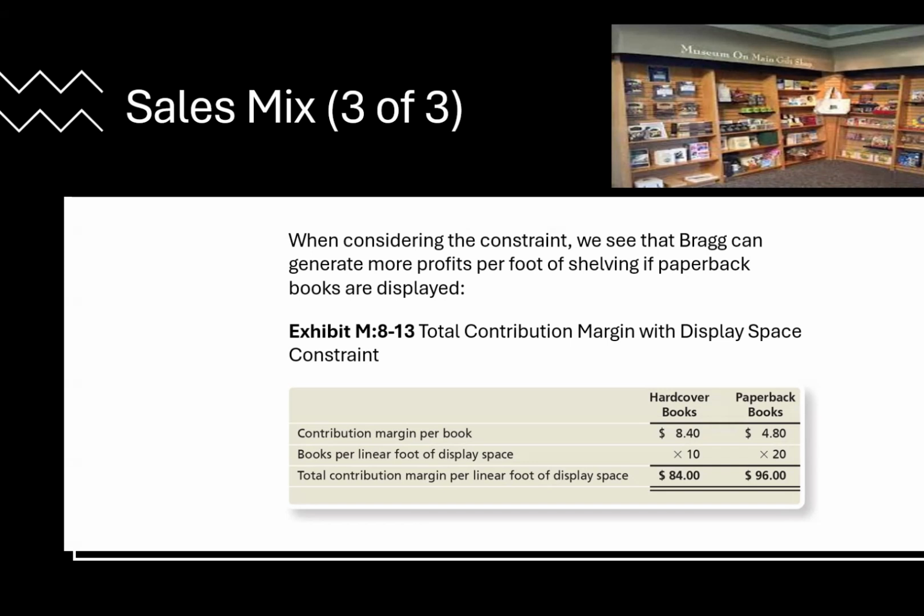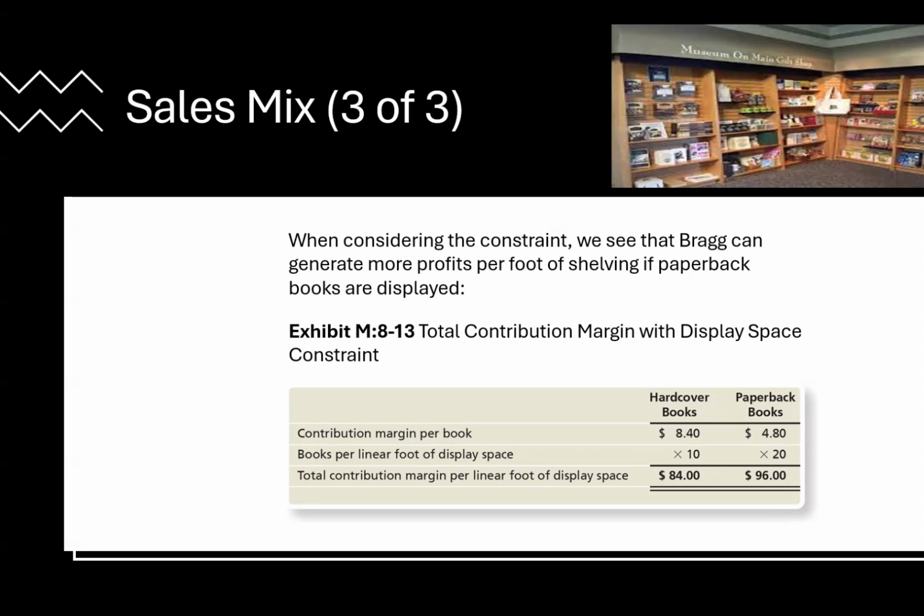So based on this analysis, of course, the company, Bragg, can generate more profit per foot of shelving by displaying paperback books. Therefore, the company should prioritize paperback books. And most bookstores or gift shops in the airport normally will have more paperback books.